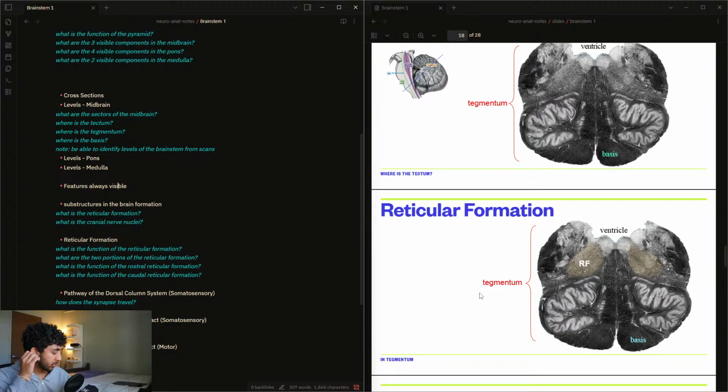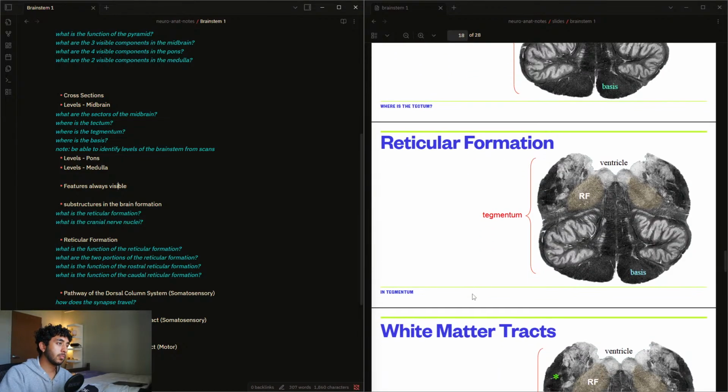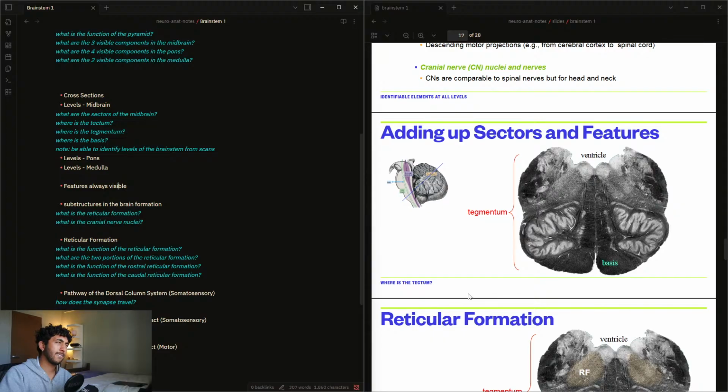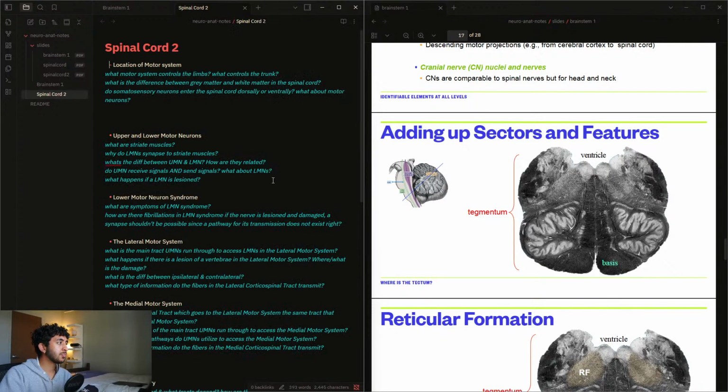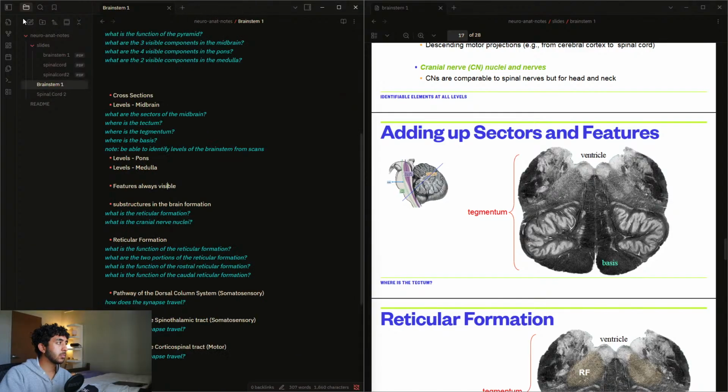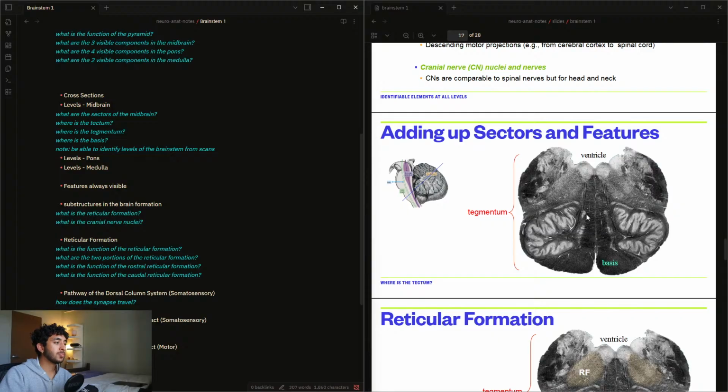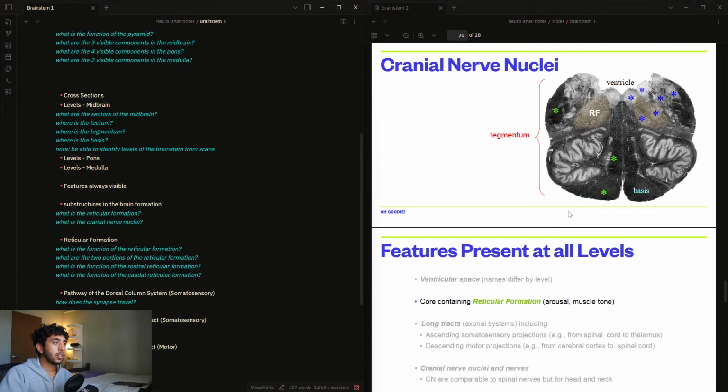Reticular formation, which is used in the medial motor system. Oh gosh. Yeah, medial motor system. Reticular cranial.